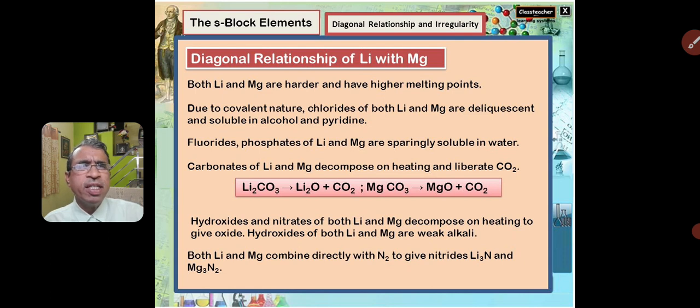Fluorides and phosphates of lithium and magnesium are sparingly soluble in water. Carbonates of lithium and magnesium decompose on heating and liberate carbon dioxide. Hydroxides and nitrates of both decompose on heating to give oxides. Hydroxides of both lithium and magnesium are weak alkalis. Both combine directly with nitrogen to give nitrides, that is Li3N and Mg3N2.